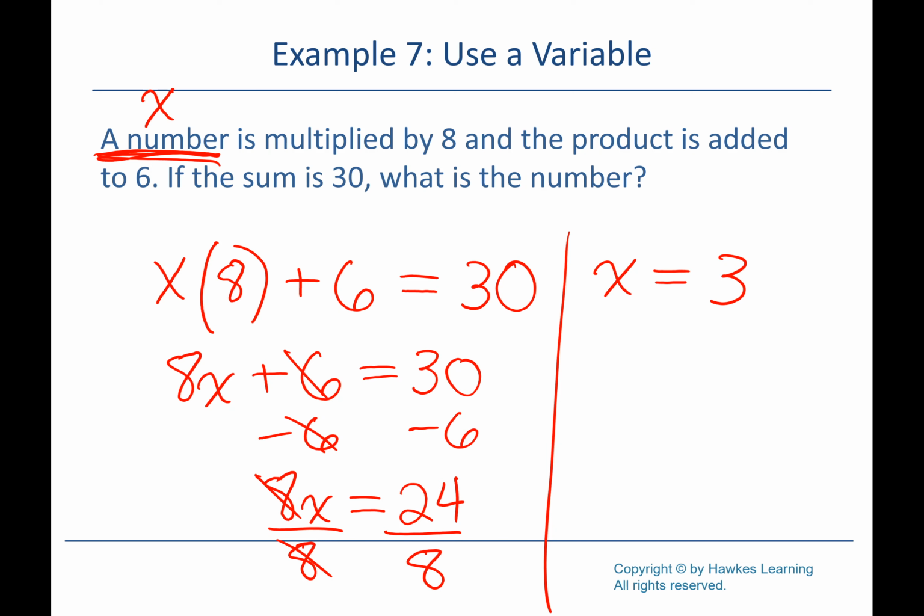And then if we're following our problem solving process, we need to check it. So if we take 3, we'll call it 3 instead of x this time, and multiply that by 8, that gives us 24. And then we add that to 6, and that does give us 30. And 24 plus 6 is 30. Okay.